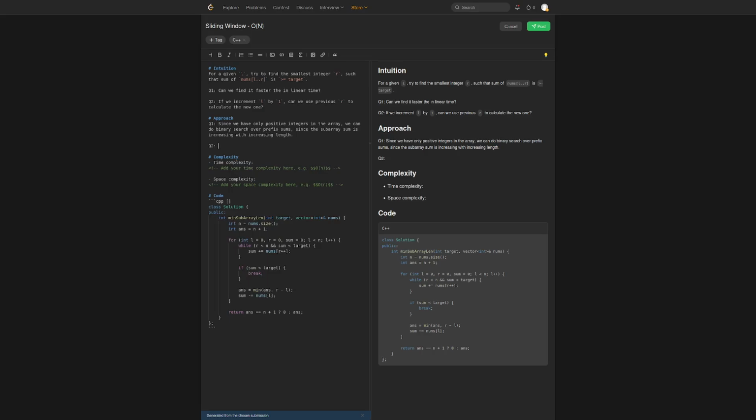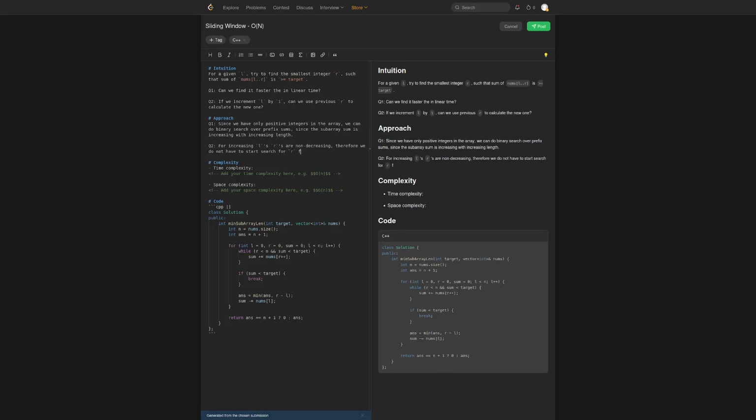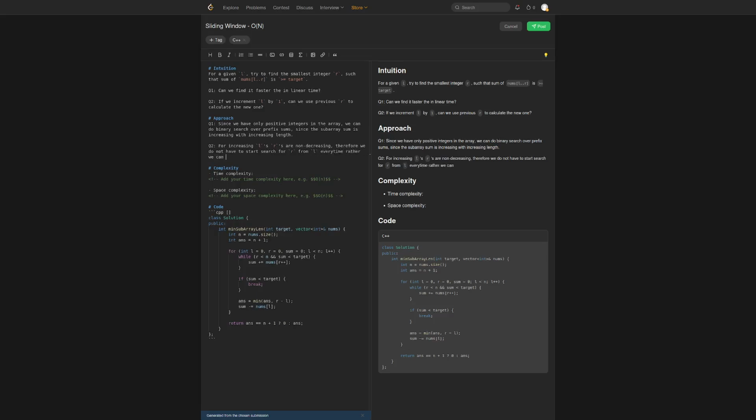Question 2: if you increment L by 1, can we use the previous R to calculate the new one? For increasing L's, R's are non-decreasing, therefore we do not have to start searching for R from L every time, rather we can start from its last position.